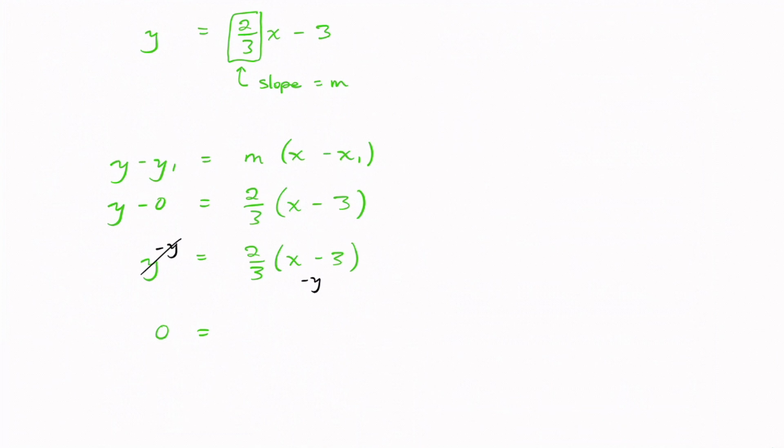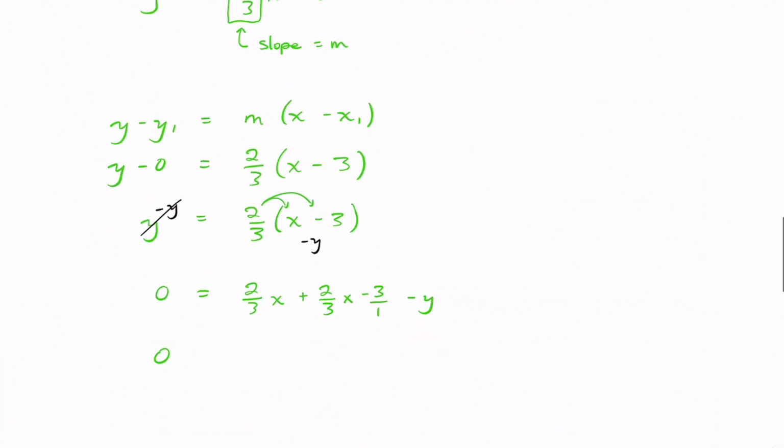So we got 2/3 times an x minus 3, and then we're going to subtract a y. So let's actually distribute this 2/3 in. So 2/3 times an x is 2/3 x, and then 2/3 times negative 3, I'm just going to write that out. So we got 2/3 times a negative 3, and I'm going to put it over 1 just because it's going to make our multiplication easy. And then we had a minus y.